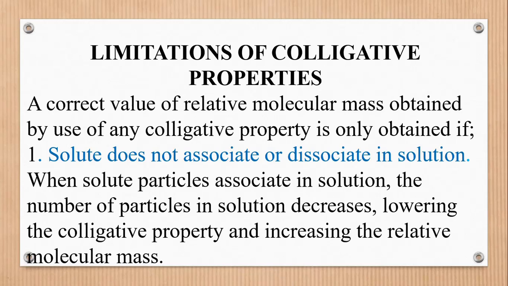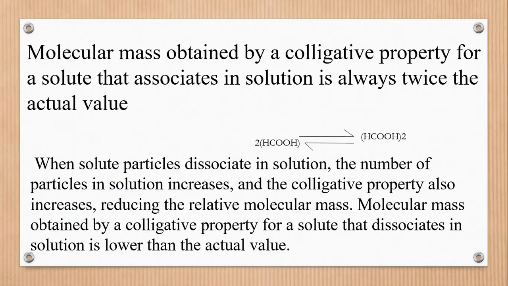So if the solute particles whose relative molecular mass is to be determined associate, that is, several molecules coming together to form one bigger molecule, then it means that the number of particles in the solution will decrease, because after combining, the smaller solute particles which have been dissolved in the solution will become very few in the solution. So there shall be lowering of the colligative property and increasing of the relative molecular mass.